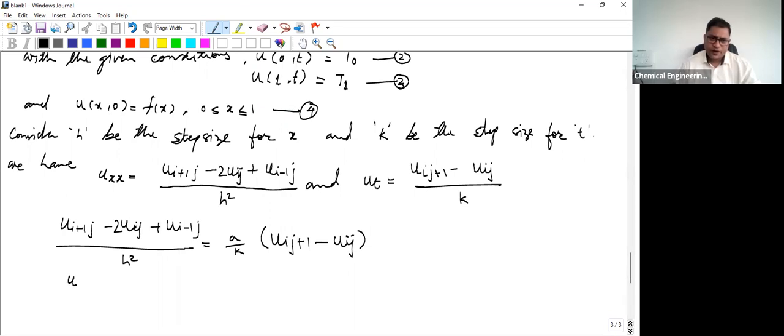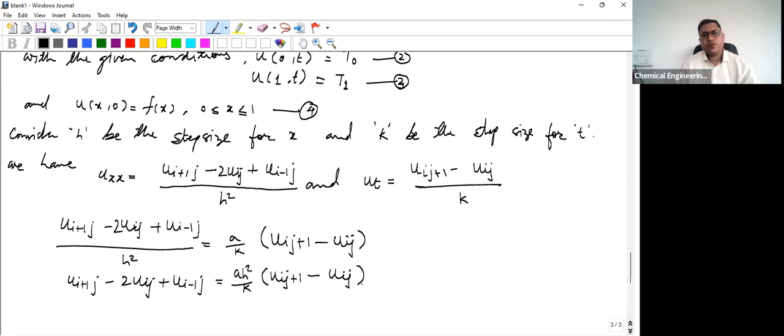Now if we simplify, u_{i+1,j} minus 2u_{ij} plus u_{i-1,j} is equal to a h square by k times (u_{i,j+1} minus u_{ij}).